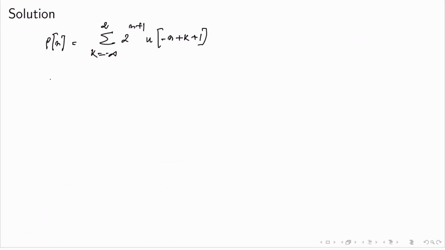Now let us find p of 0, which is given by the summation over k from minus infinity to 2 of 2, u of k plus 1.